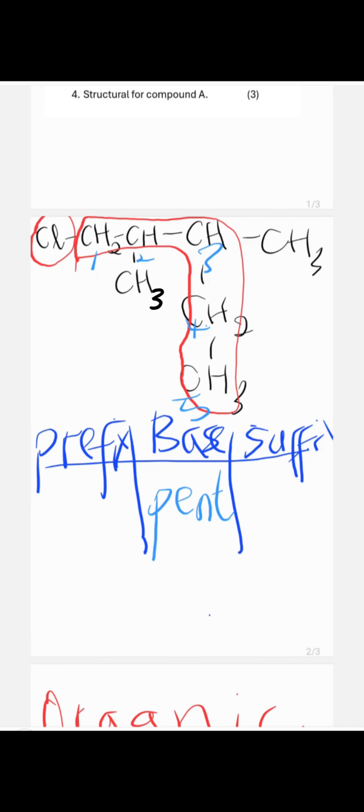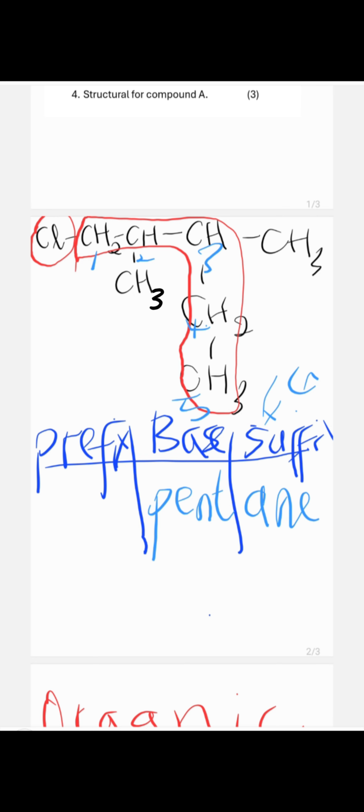So right now we've identified the base. Now we are going to try to identify the suffix. The suffix is the ending that says what functional group. So that is what we ask ourselves here: what functional group, of course. Here we can see that we only see single bonds. Nowhere do you see double bonds or triple bonds. Single bonds are what we say are saturated. Single bonds, therefore, usually mean alkanes.